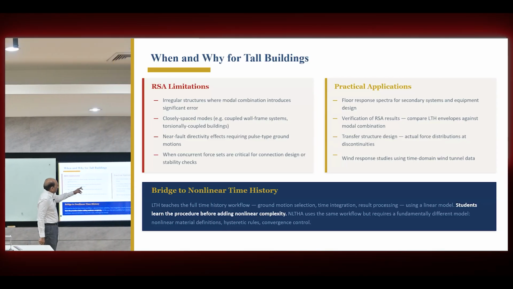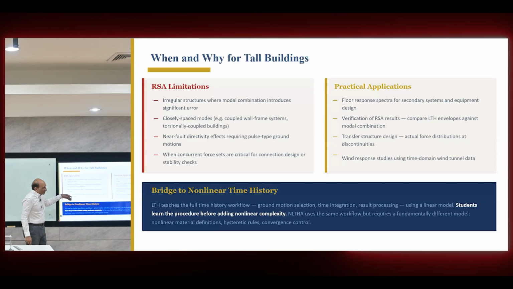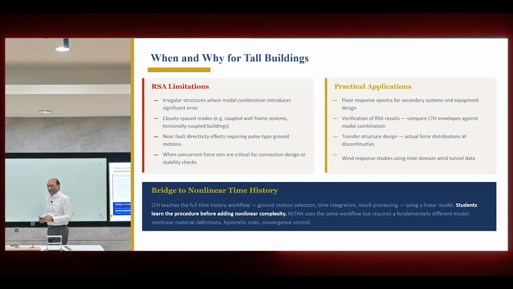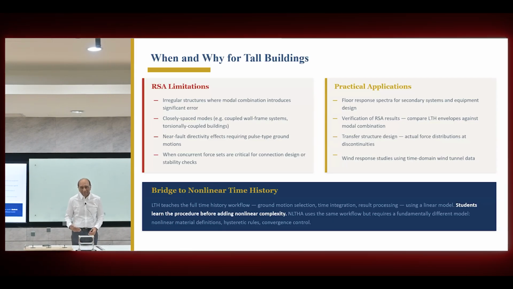Closely spaced modes, coupled shear walls, and torsionally coupled buildings will not work well for response spectrum. Near fault effects. So near fault is when the structure is very close to the fault, then the direction is very much clear. There is no second direction effect.